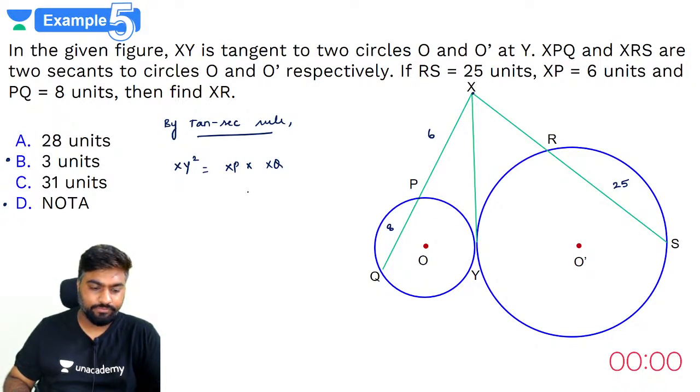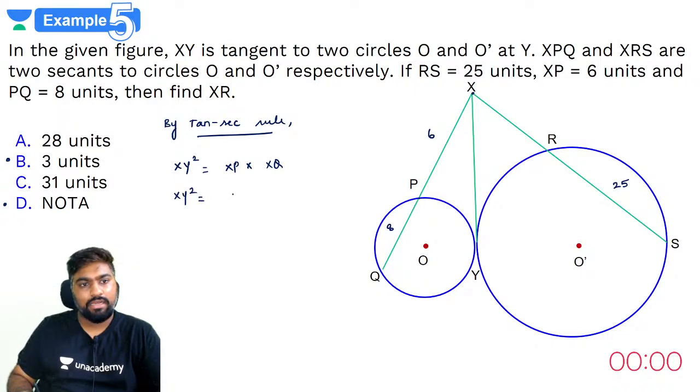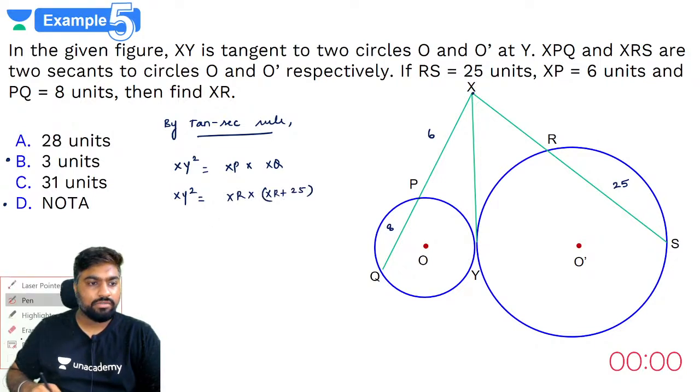Correct? Agreed? Same way for the other side also, XY square will be equal to what? XR till the circle into the entire thing, XS, which is XR plus 25. These two are equal, so equate them.